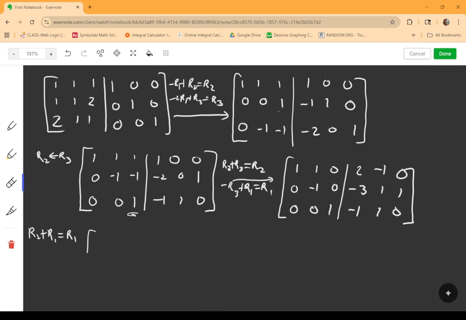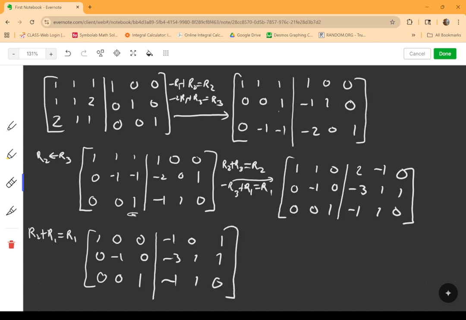That means we'll get 1, 0, 0, negative 1, 0, 1, and then down here, 0, negative 1, 0, negative 3, 1, 1, and down here, 0, 0, 1, negative 1, 1, 0.